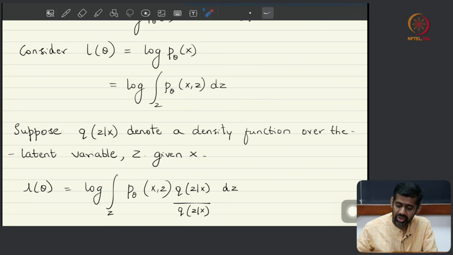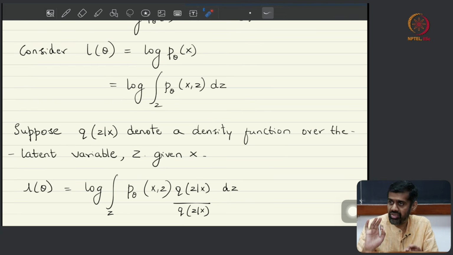That happens if your q(z|x) becomes degenerate or Dirac delta, in which case for a given x you have one and only one z, which is what will happen in k-means clustering. However, in general, q(z|x) can be an entire distribution over the latent variable given x.